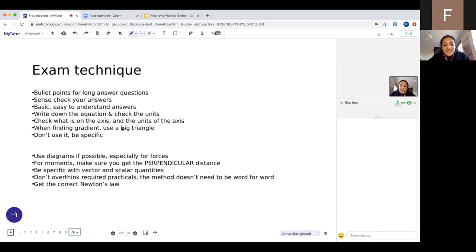Don't use "it", be specific. When I say this, I mean that let's say the question asks, what is the motion of the car after it passes the traffic light, for example? Don't say "it speeds up and then it slows down."